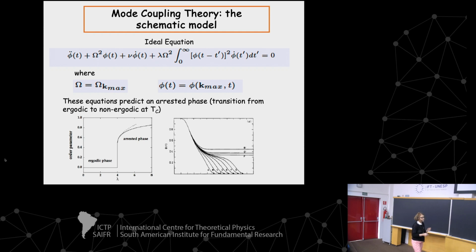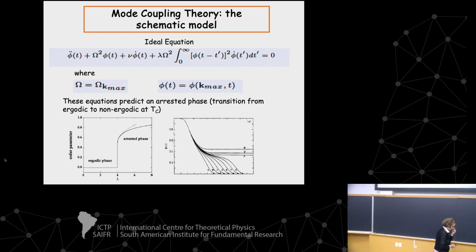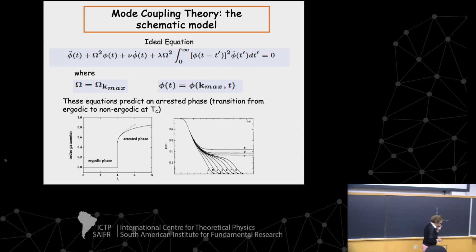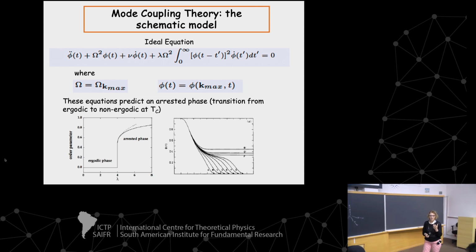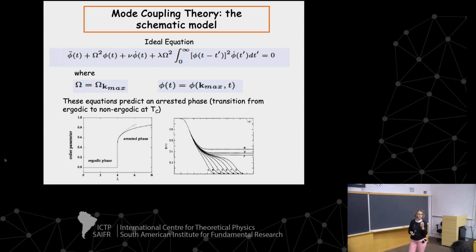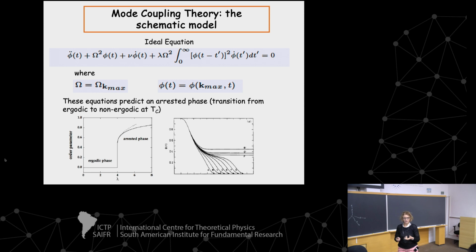We can do an expansion, so Goetze did an expansion close to this critical point in order to have some asymptotic behavior for the correlator, in order to cope with the experiments and to give some analytic response, okay? Because S of k plugged into the equation doesn't give you anything analytical.